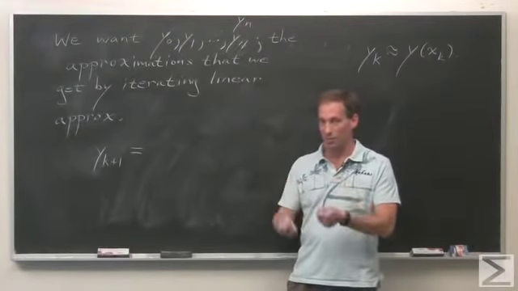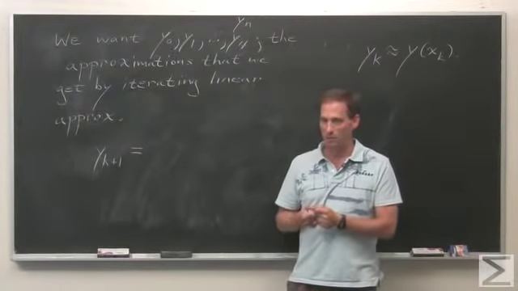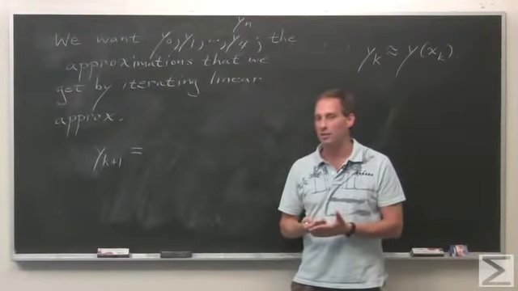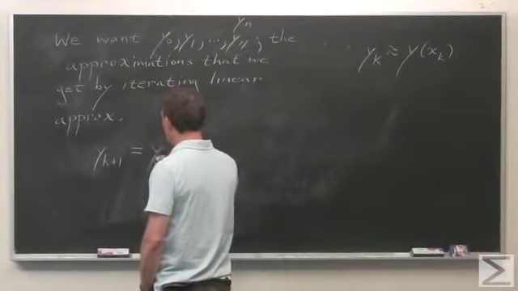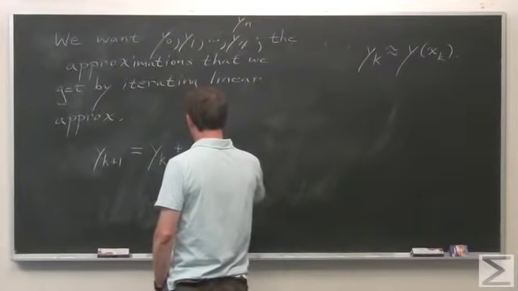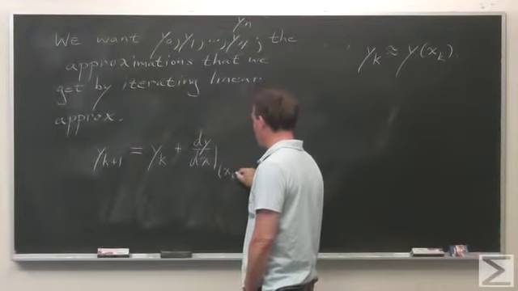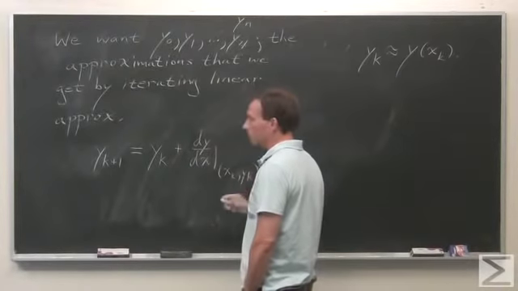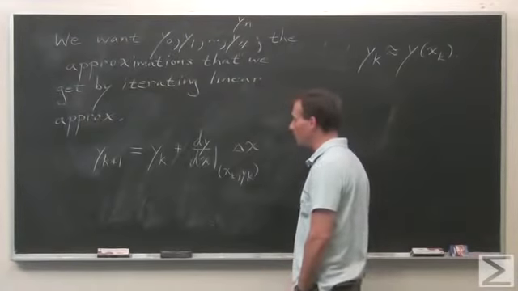All I'm saying is this thing that we're calling y sub k plus 1 is equal to what I'm about to write, but it is just an approximation to the actual value of the solution. So you take the previous y value that you found and you add to that the derivative at the previous x and y values times the change in x, which is this uniform delta x that we wrote, b minus a over n.